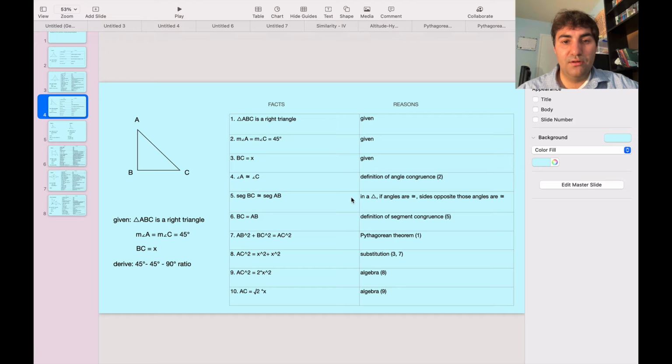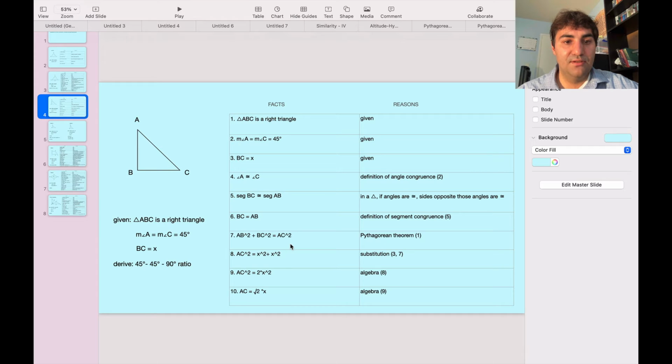So we know in a triangle, if angles are congruent, then the sides opposite those angles are congruent. So in other words, segment BC is congruent to segment AB. By the definition of segment congruence, we get length of segment BC equals length of segment AB. We can apply the Pythagorean theorem because triangle ABC is right, so you get AB squared plus BC squared equals AC squared.